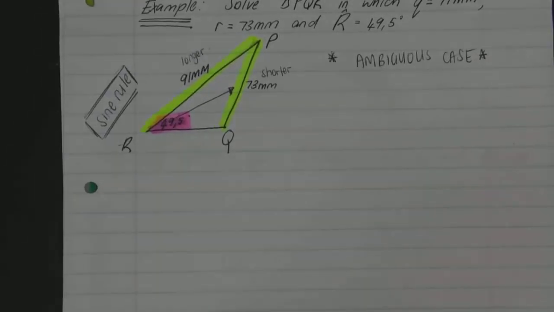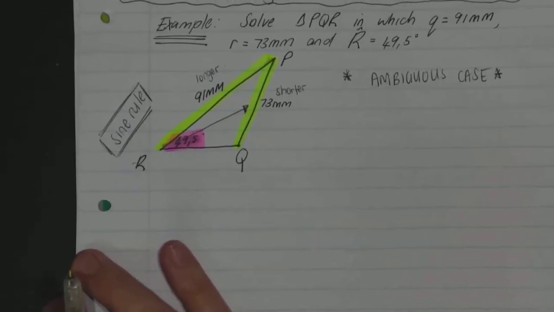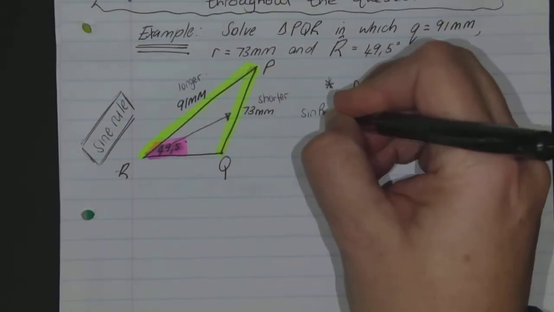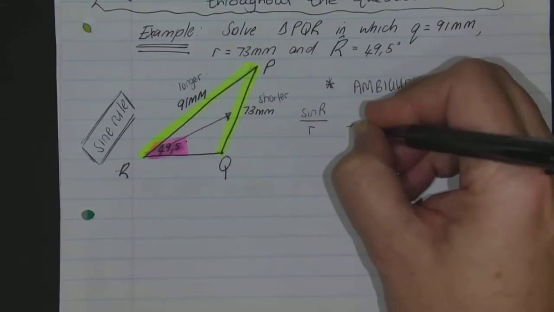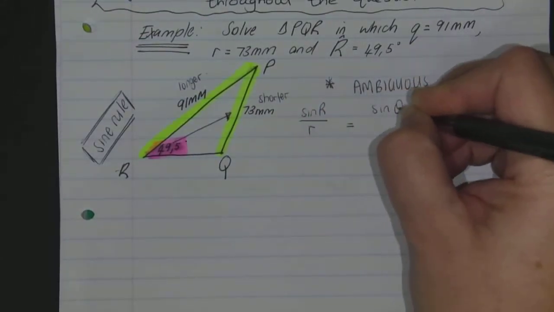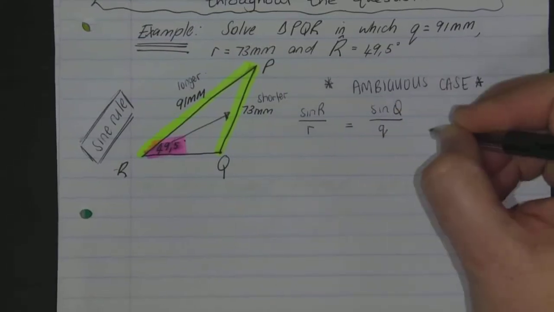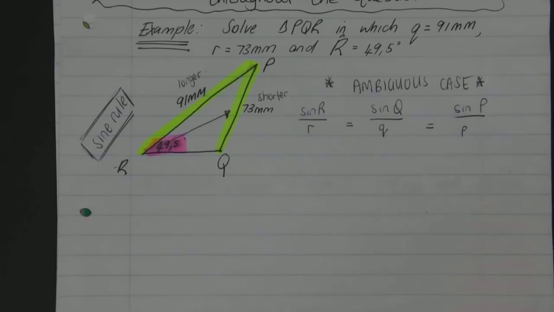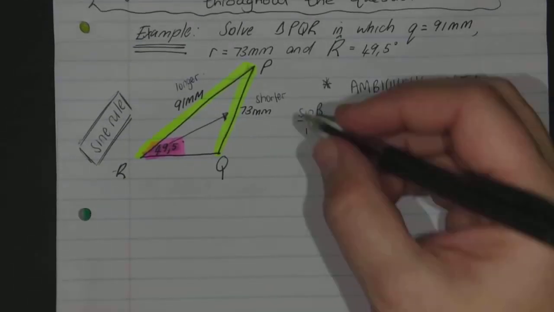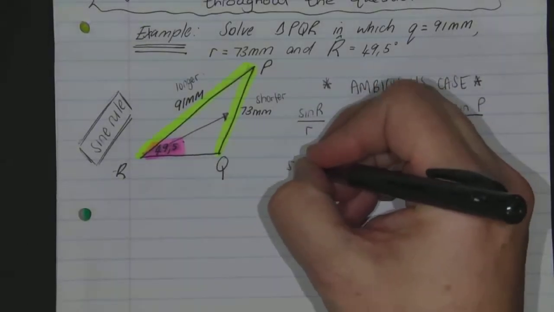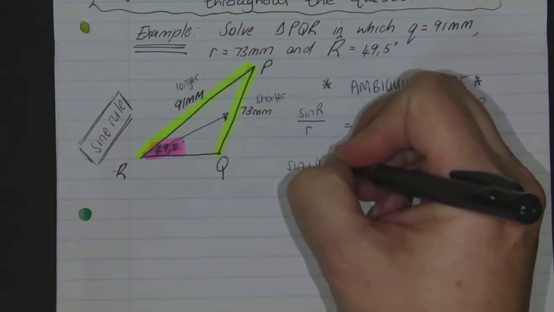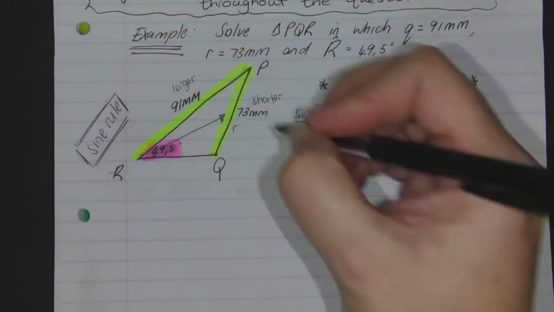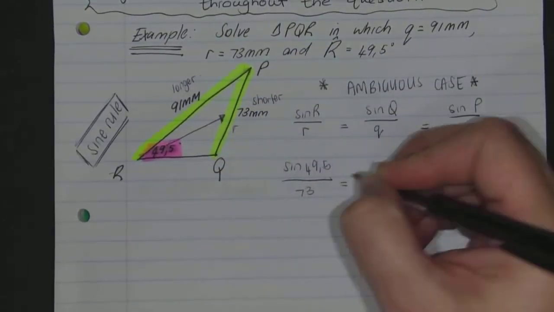All right, now because I've identified the sine rule already, I can say that the sine of R will be over side R, the sine of Q will be over side Q, and the sine of P will be over side P. So sine of R is sine 49,5, the length of side R is 73.